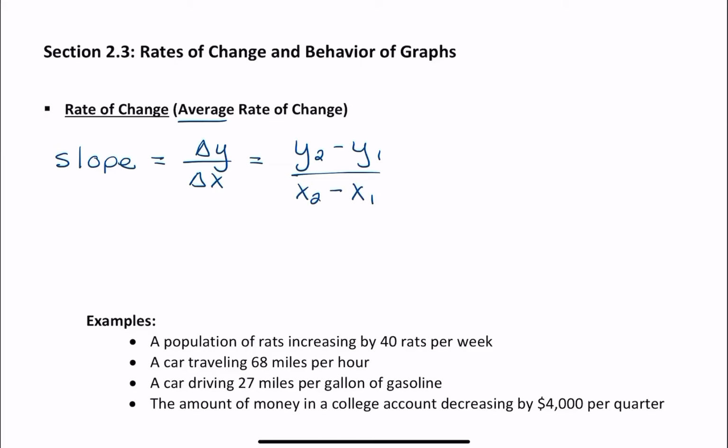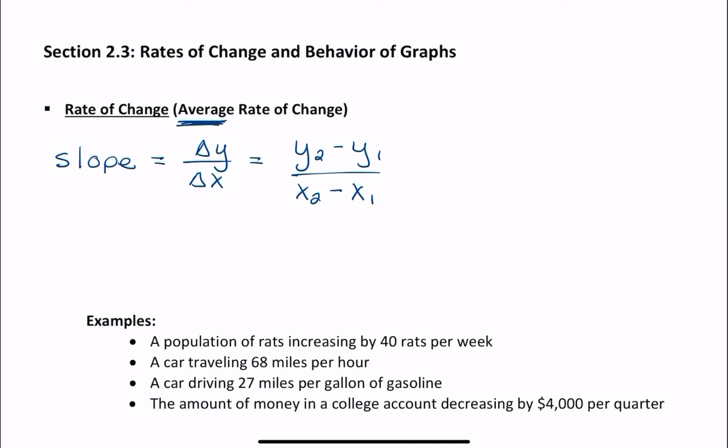In the last unit, we just dealt with linear graphs or graphs of lines. These won't always be linear, but you'll be finding the average rate of change, which is the same as finding the change from 2 points, y2 minus y1 over x2 minus x1.